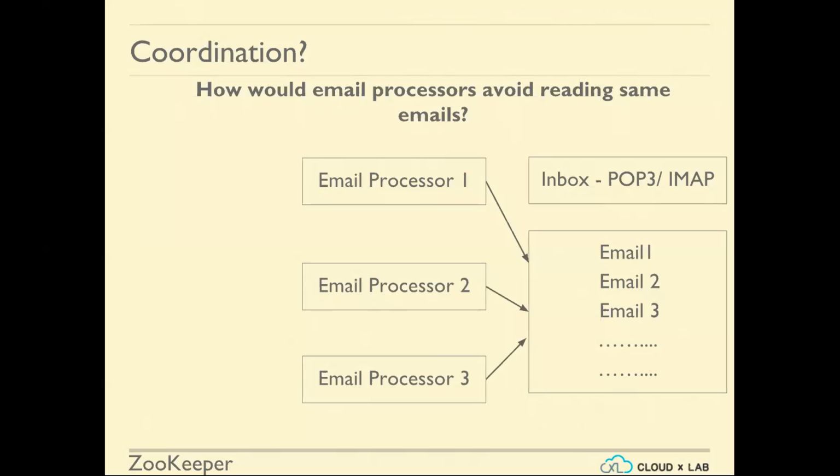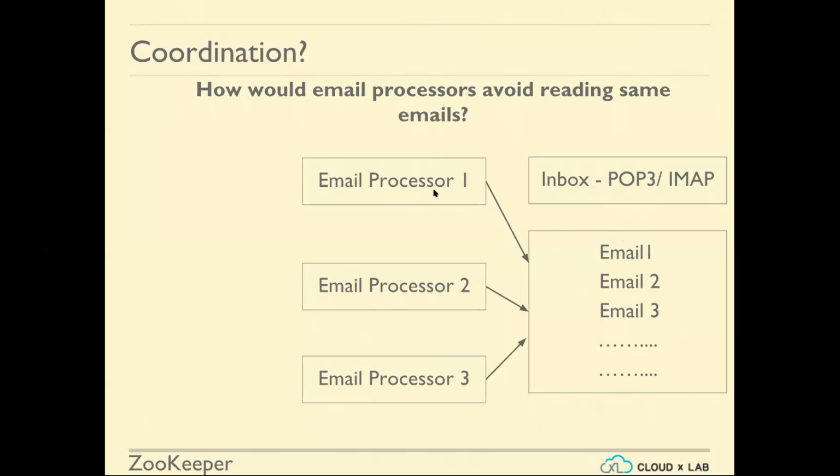A suggestion from Shivani is that we can use the read/unread indicator. Good point. But imagine this: let's say there is email processor 1, which is just reading email 1. So we need a third state as well: read, unread, and reading.